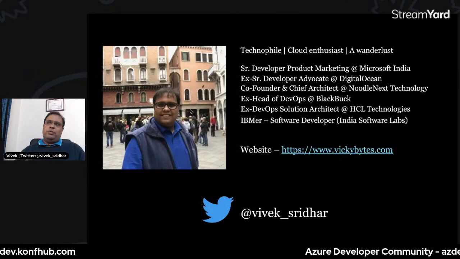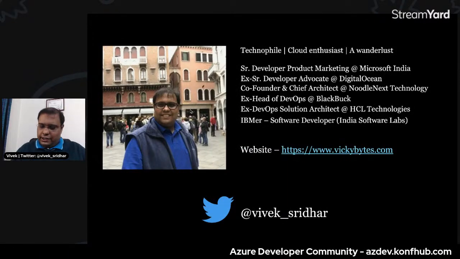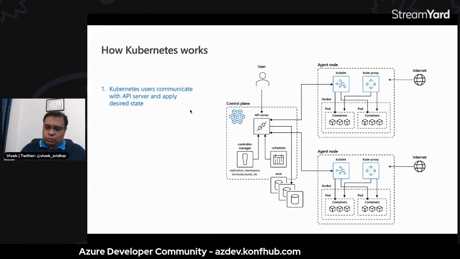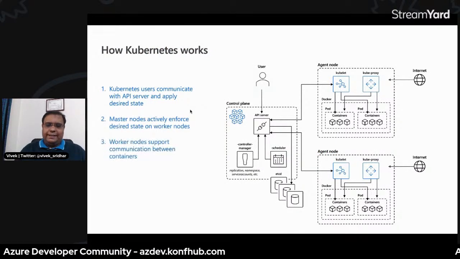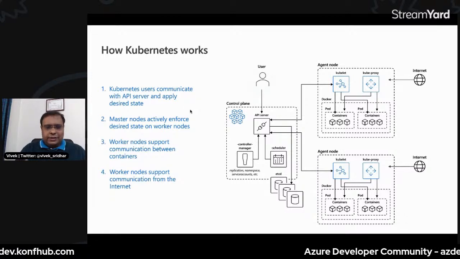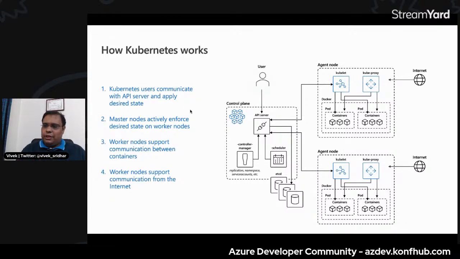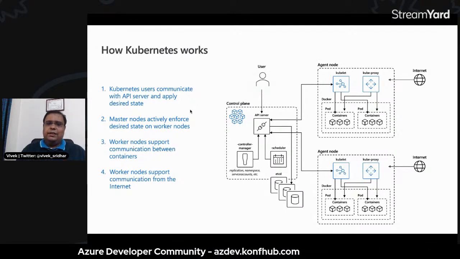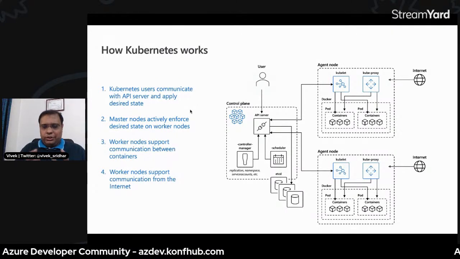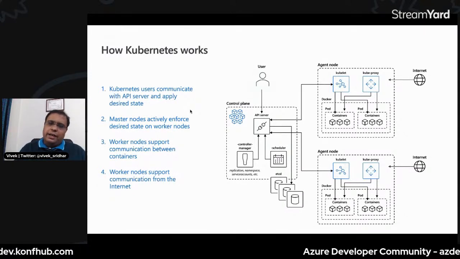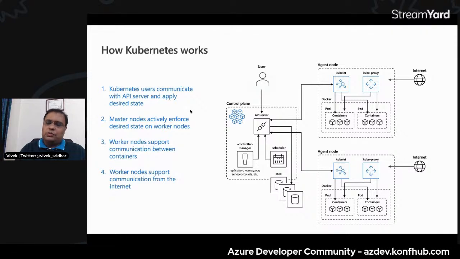While the Kubernetes cluster is getting created, we'll try and understand how Kubernetes works. Like any other architecture, a Kubernetes cluster is also master-slave enabled. In this diagram, you can see there is a control plane, which is called the master node, and there are agent nodes, which are called worker nodes.